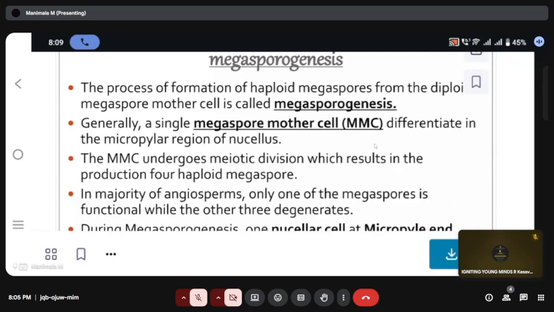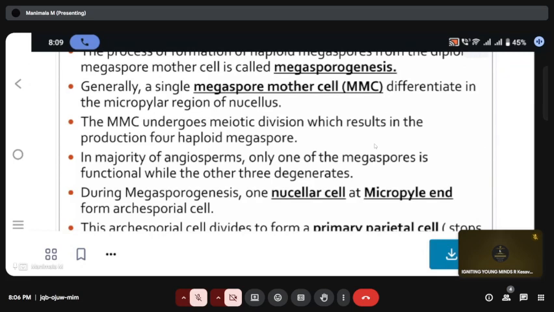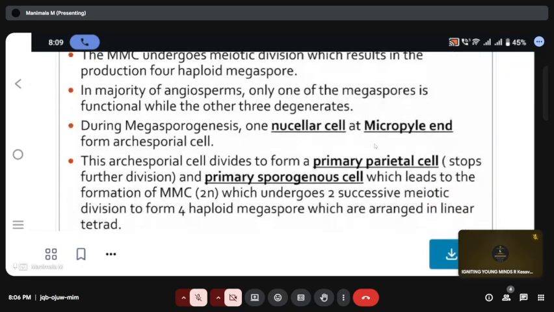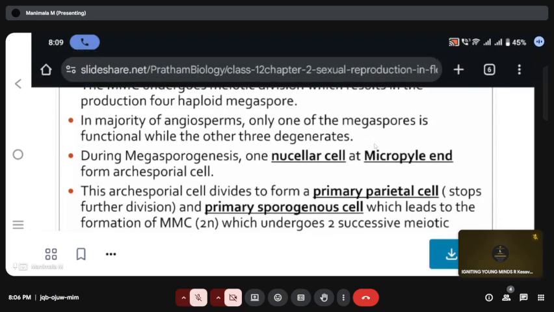Four haploids are formed, and only one megaspore is functional in the majority of angiosperms. The remaining three degenerate. During megasporogenesis, one nucellar cell at the micropylar end forms the archisporial cells. What cells are formed?